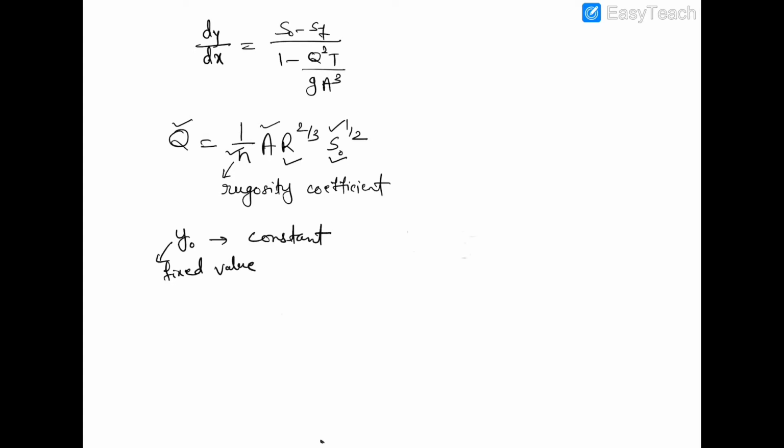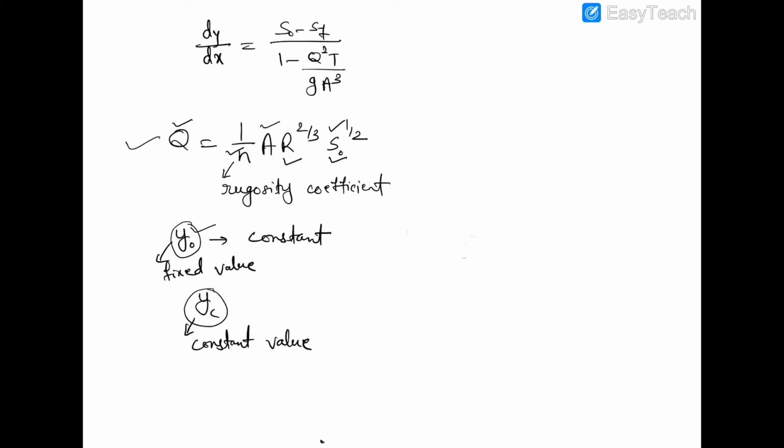For this prismatic channel, we can also find out YC, that is the critical depth. This is the depth at which specific energy is minimum. This is also a constant value. For this prismatic channel, Y naught may be greater than YC, it may be less than YC, or it may be equal to YC.